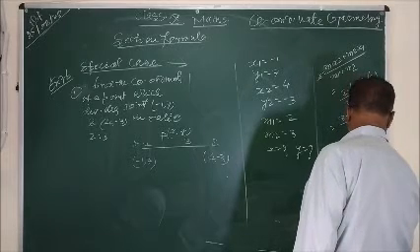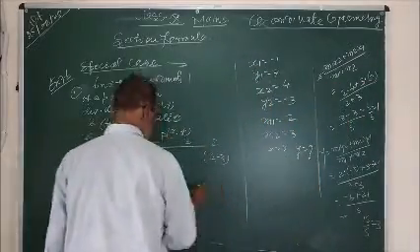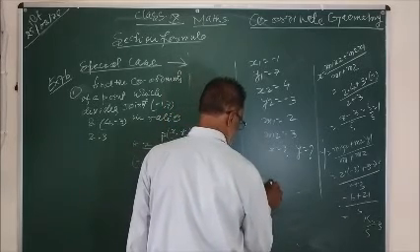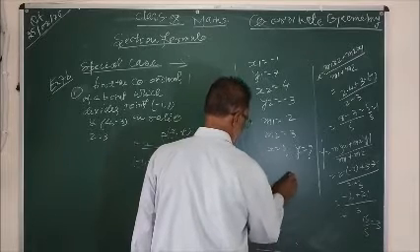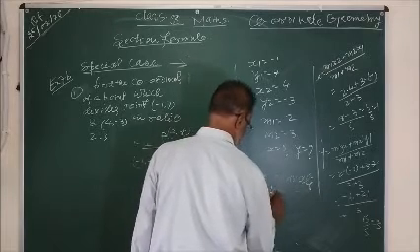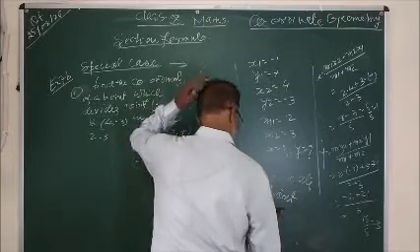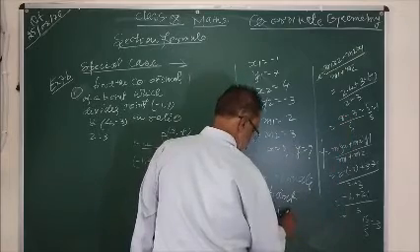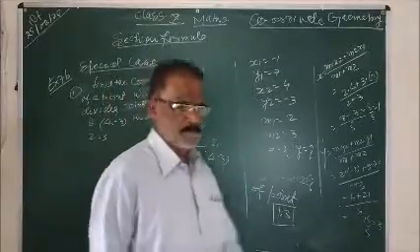Minus 6 plus 21, 15 by 5 is equal to 3. So what is the answer? The coordinates of the point, here you write the result. Coordinates of the point which divides this line segment in the ratio 2:3 is equal to 1 and 3. This is the result of this question number 1.